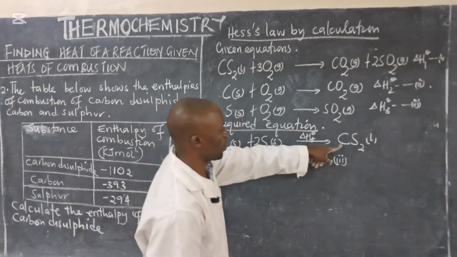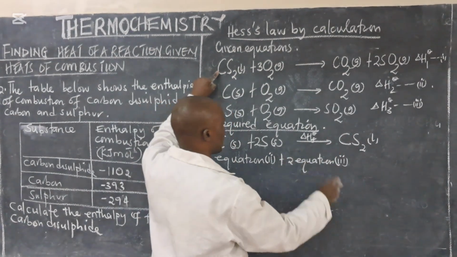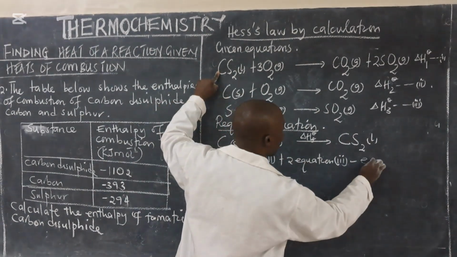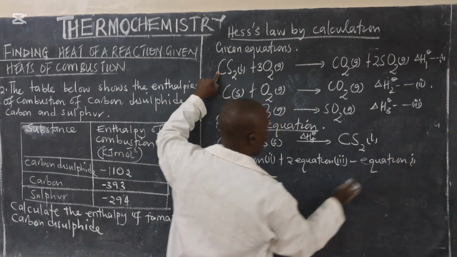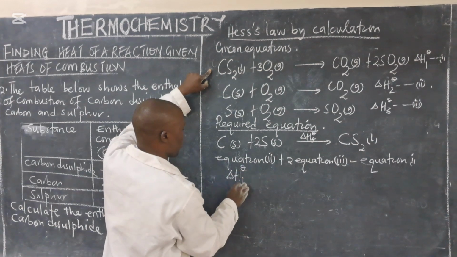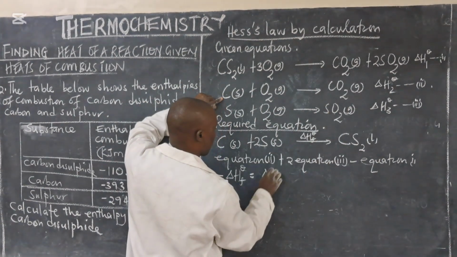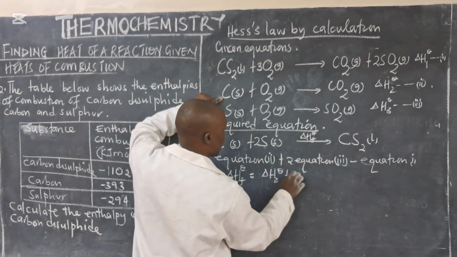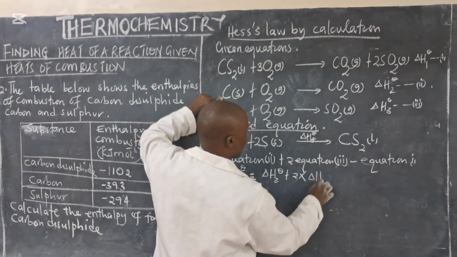Then this carbon disulfide is placed on the other side, so I reverse this. So I say minus equation 1. So the required value is going to be the heat of equation 2 plus 2 times the heat for equation 3.